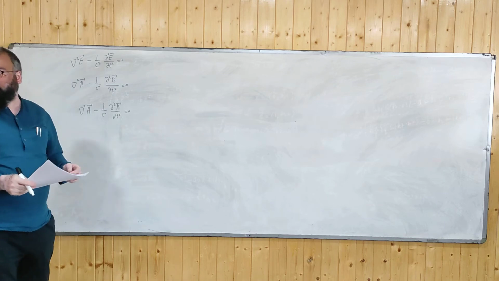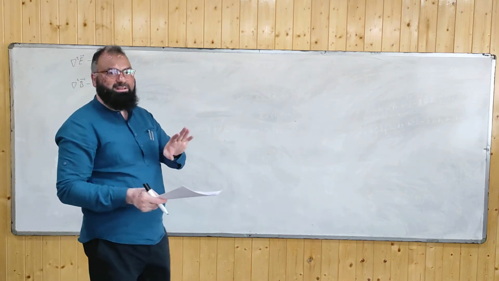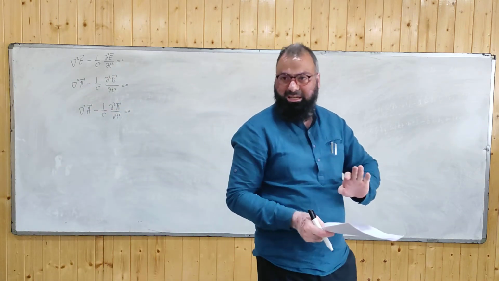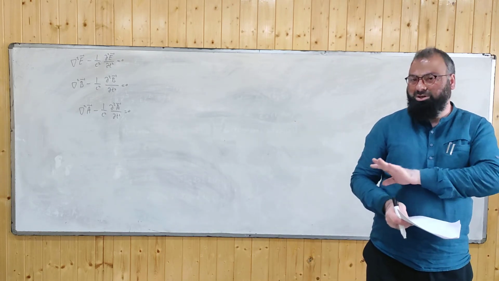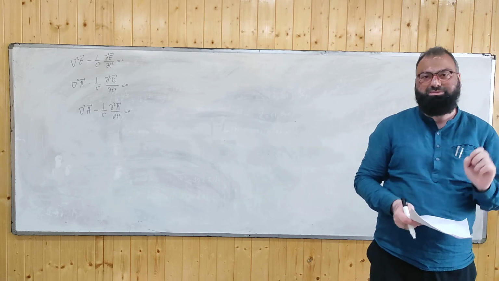Clear? So now when I take an electromagnetic wave, I will specify the polarization of that wave. Previously we have not used any kind of polarization vector associated with the wave, is it?